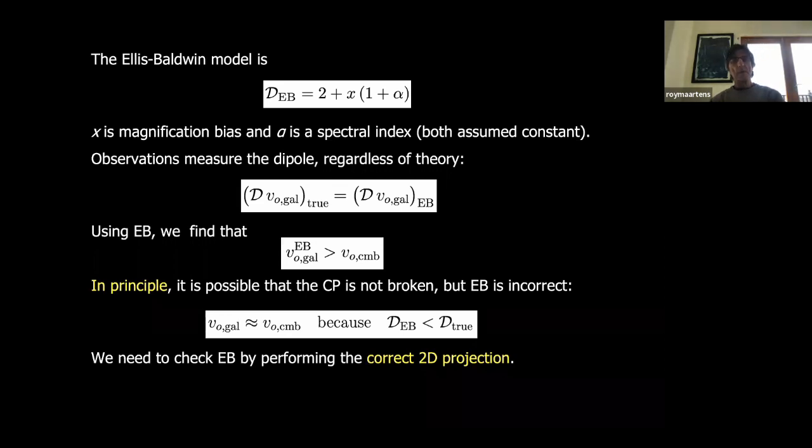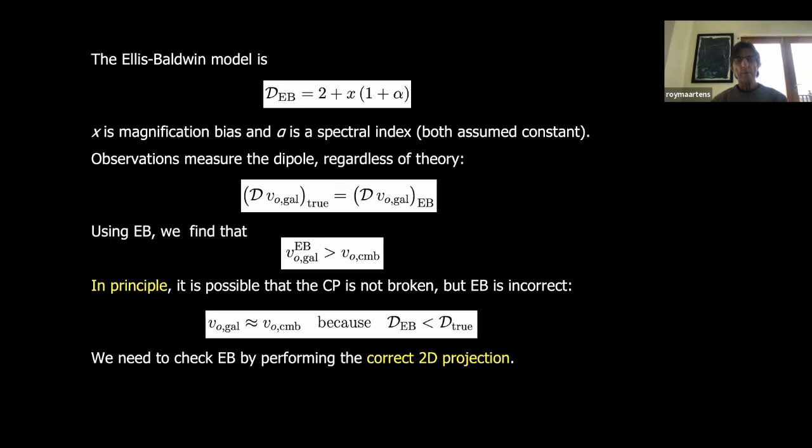Now, observations, as I've mentioned, measure the dipole regardless of theory. So if we think about the true theory, we've got D times the velocity of galaxies on the left. That's the magnitude of the dipole.